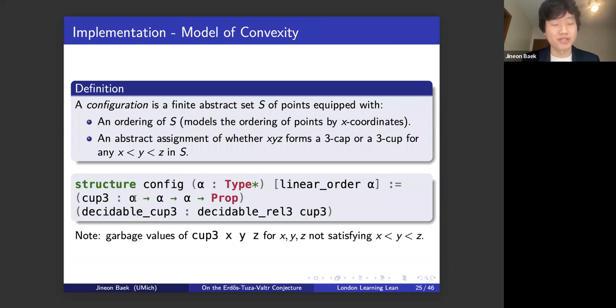But here, I don't force the values of this cup3 function to be meaningful unless x, y, z are increasing in the ordering. Instead, I just ignore whatever it gives for any x, y, and z not satisfying the required condition. This makes the programming easier, and it doesn't hurt the trueness of the formalization. The reason is that you don't need to carry around the proof of y greater than x all the way around.